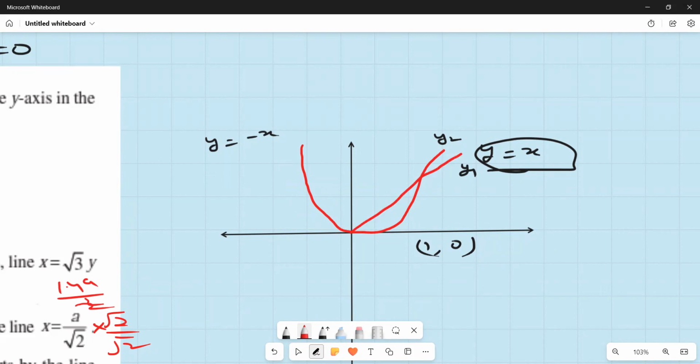So area under this curve is this area minus this area, right? So can I say y1 minus y2?